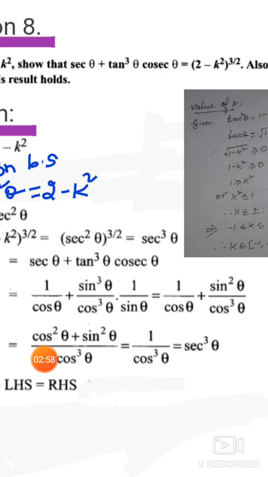So cos square theta, and here already you have cos cube theta. The numerator, write down as it is, sin square theta. Now see the numerator, cos square theta plus sin square theta is equal to 1. So you got 1 by cos cube theta. And using the reciprocal relation we can write 1 by cos theta as secant theta, so we can write secant cube theta.